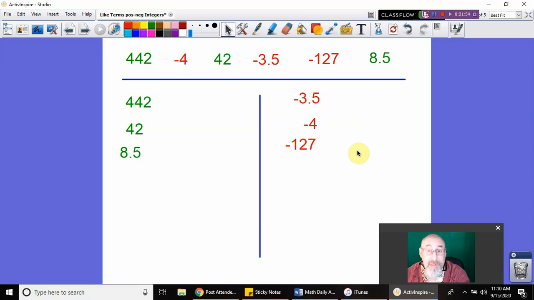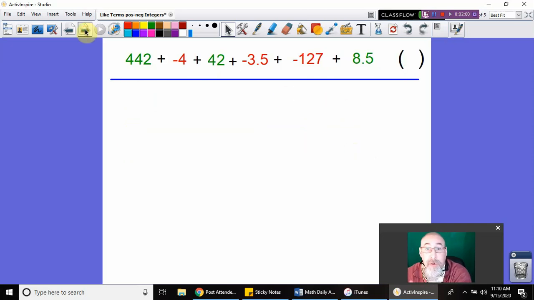I can take this to the next level and start adding operations. So now I have added plus signs. So I'm adding all these together. Well, to make this simpler, because we have the addition property of association, we can associate. That's who you hang out with.